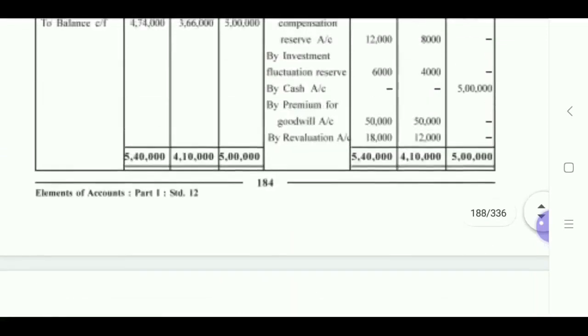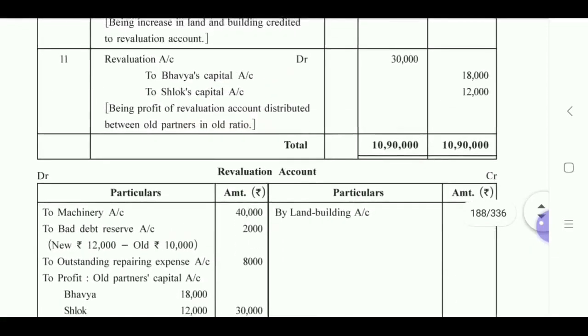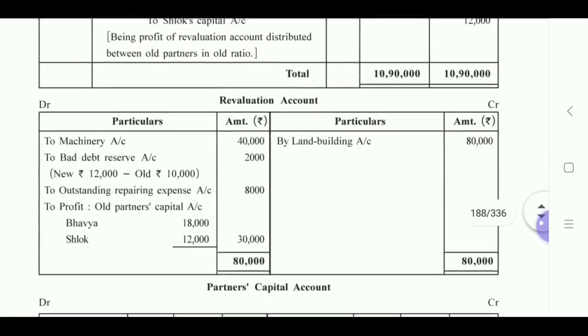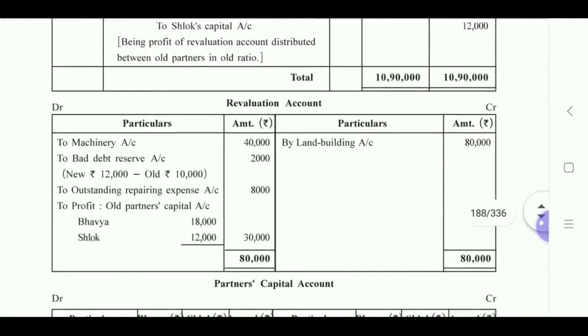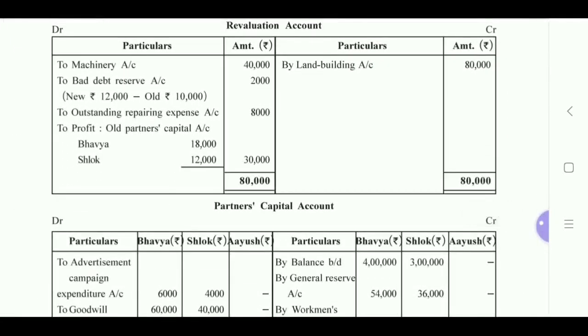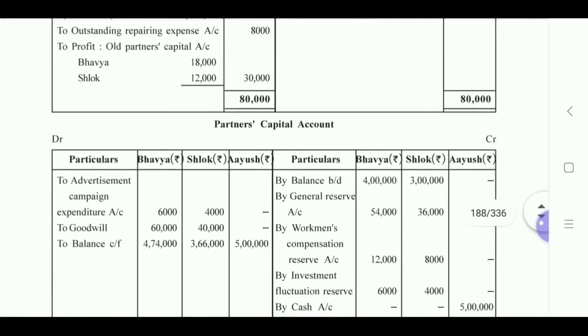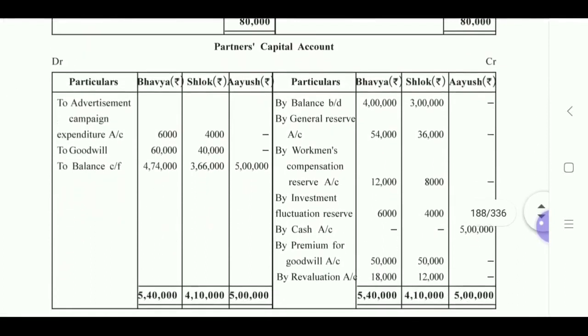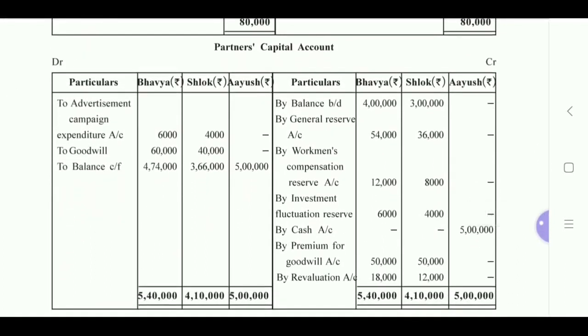And revaluation से related है पूरा. अगर आपका revaluation का आंसर ही गलत आ रहा है, definitely you will transfer that answer in capital account. अगर revaluation का आंसर ही गलत है तो partners capital account का आंसर भी definitely गलत ही आने वाला है. Yes, so you must solve the sum carefully.